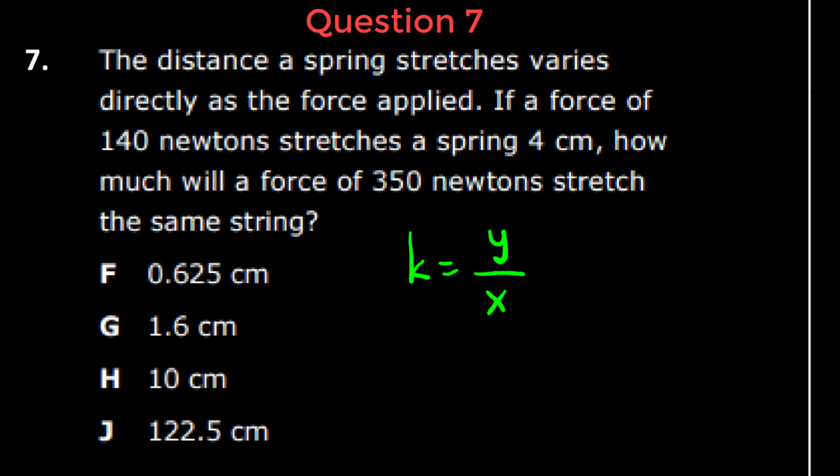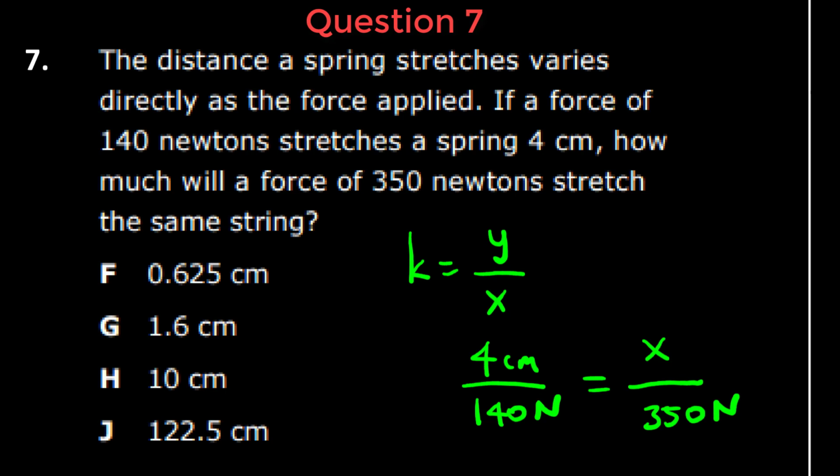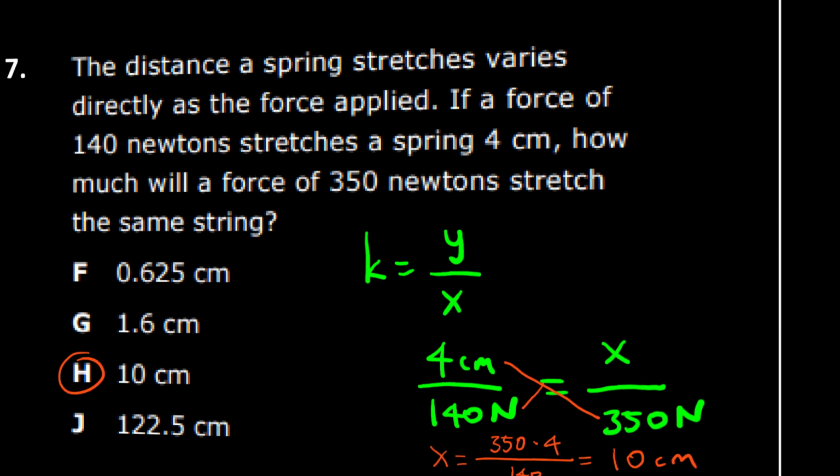So the ratio of 4 centimeters to 140 newtons will remain the same for the second situation, so it's going to be equal to x centimeters over 350 newtons. Cross multiplying, we get 10 centimeters. So the correct answer is H.